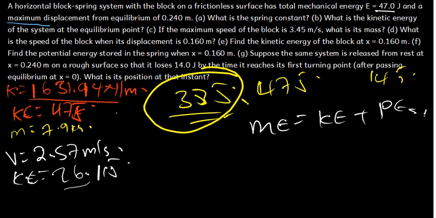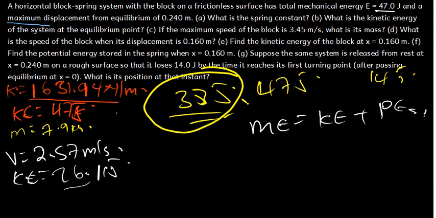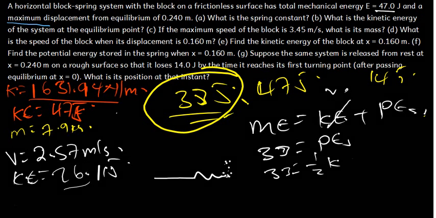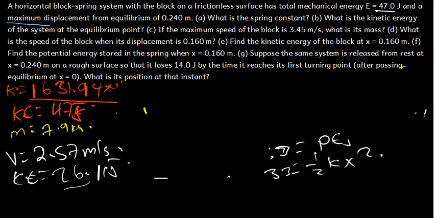Since we don't have the velocity, it was released from rest. When they say it was released from rest, it means we are at the maximum position. So at that maximum position, the velocity is zero, meaning this kinetic part is zero. So mechanical energy is now 33 joules, which is equal to the elastic potential energy. We know that elastic potential energy is basically half kx squared. So from here, we need to find the x value.